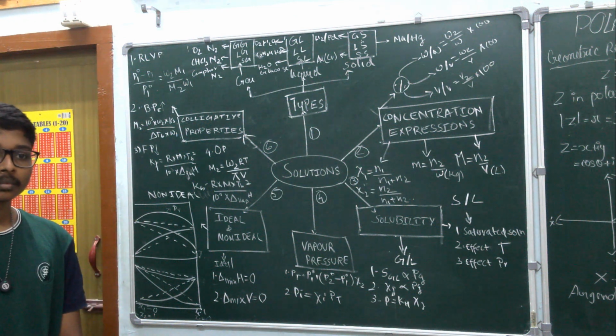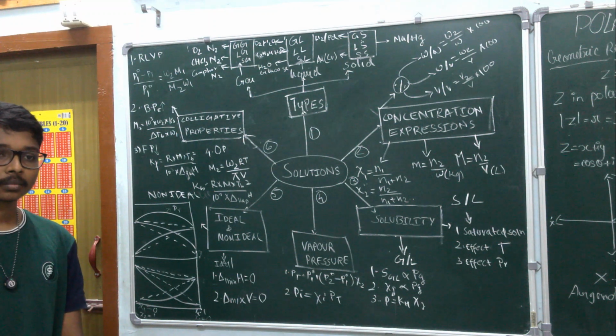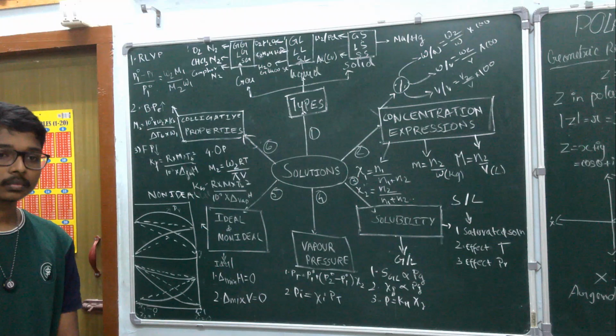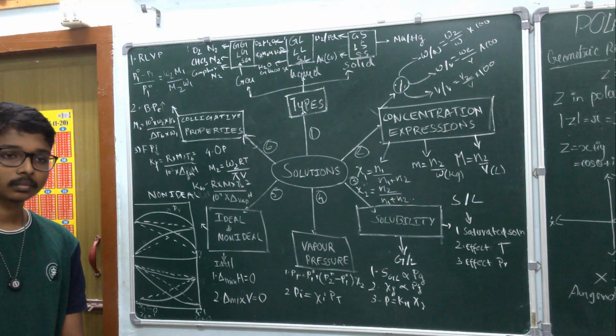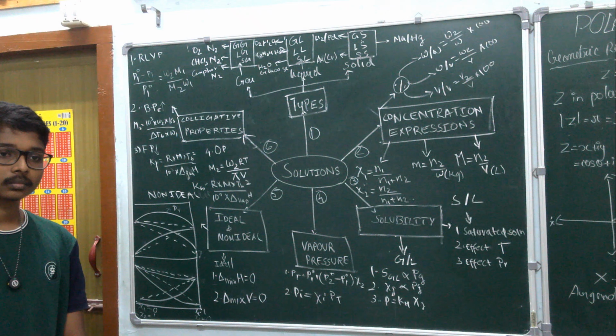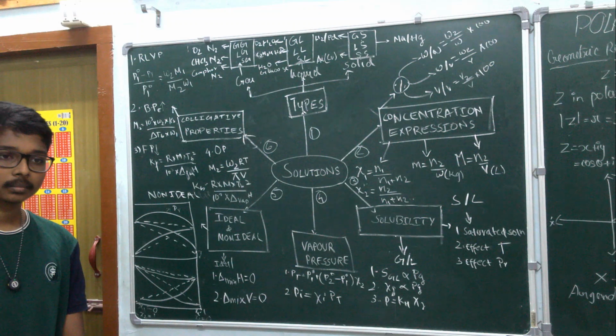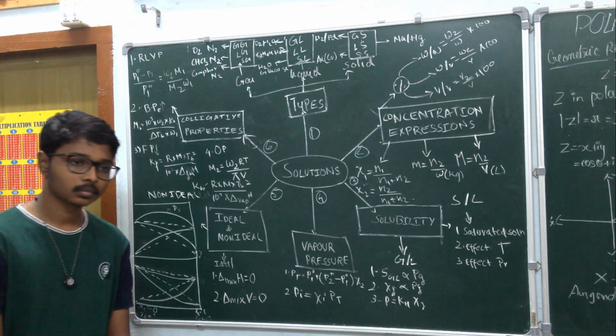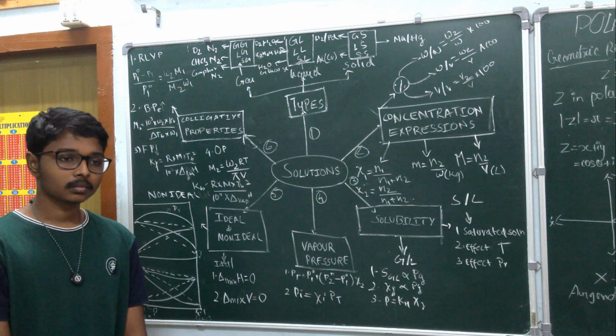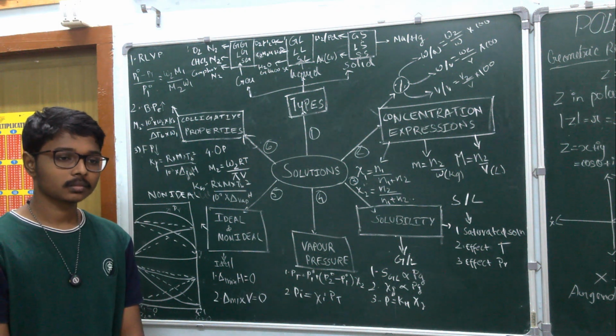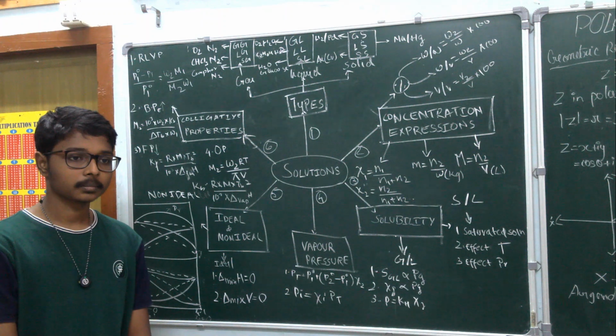Instead, it will be 100.1, 100.3, like that. There will be a slight elevation. When you increase the amount of solute, it increases further. It means there is a change of physical property that depends on the amount of solute present in the solution. That is called colligative property.